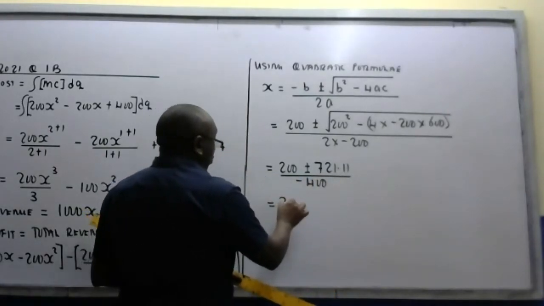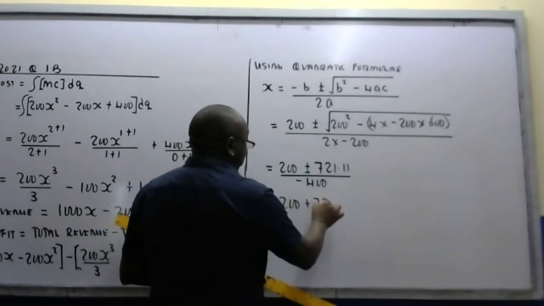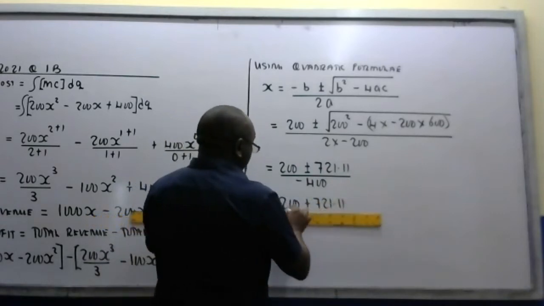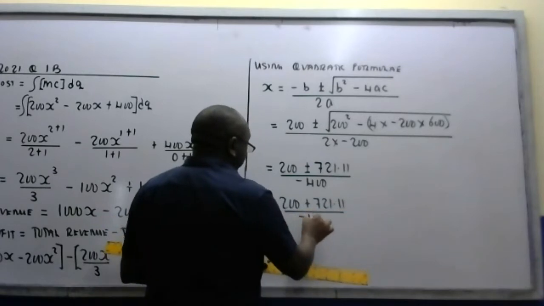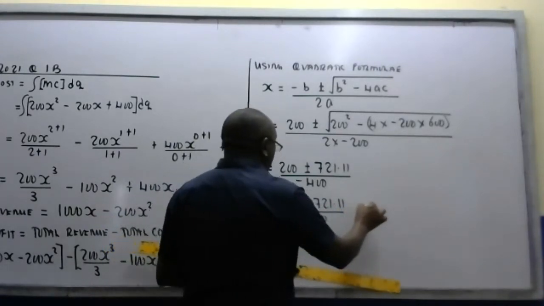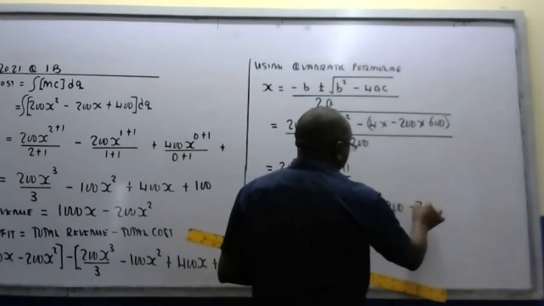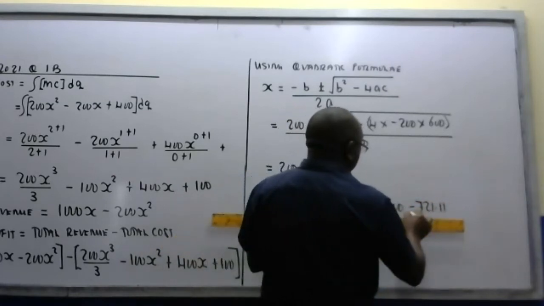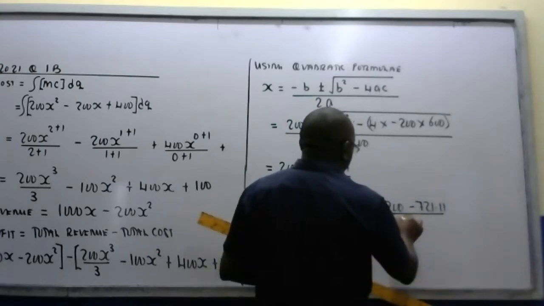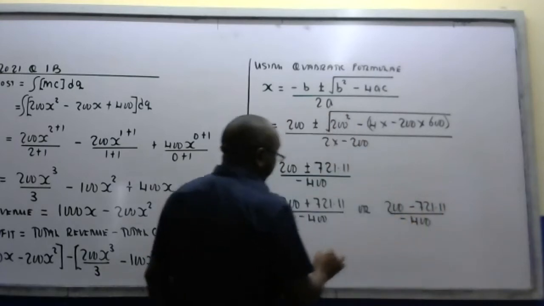So this becomes 200 plus 721.11, you divide by minus 400, or 200 minus 721.11, you divide by minus 400.